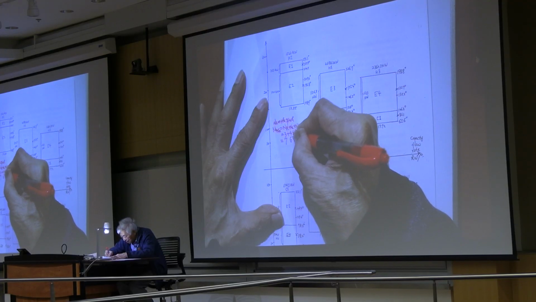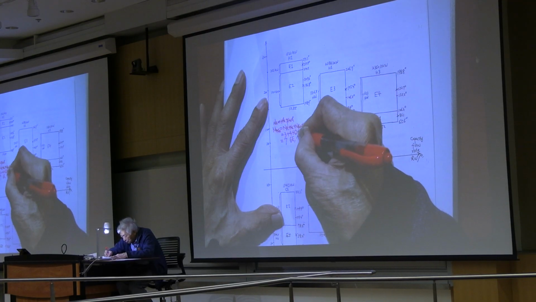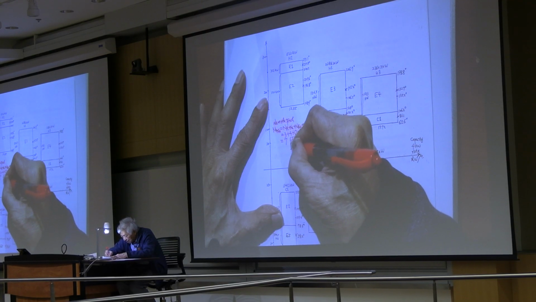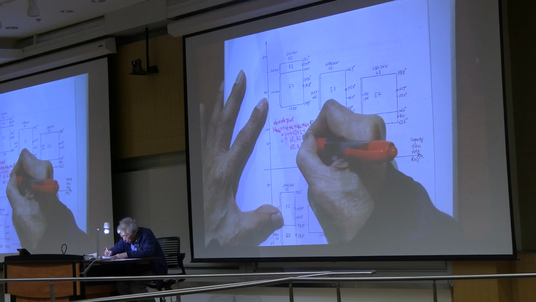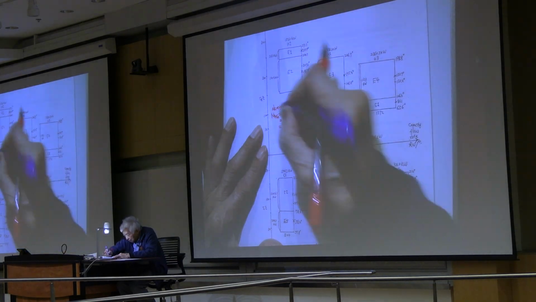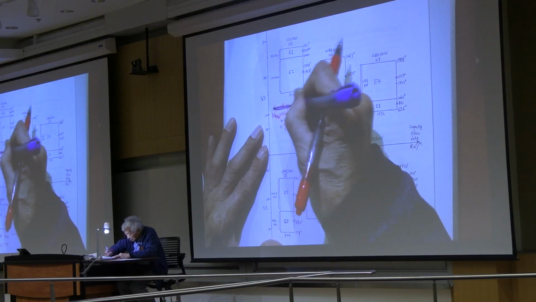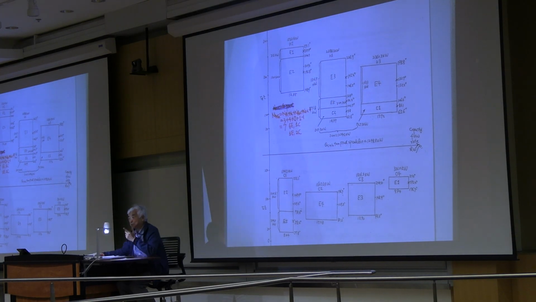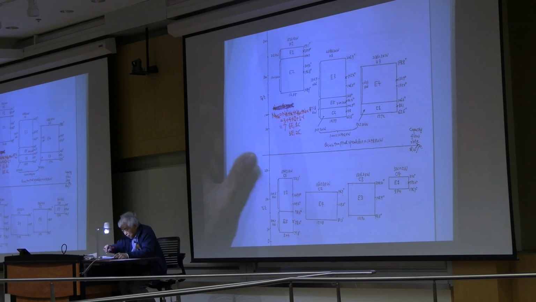Could be 6 exchangers, 1 cooler, or 5 exchangers, 2 coolers. There's no pinch, sorry. Cross that out. There's no pinch. This is the whole problem.